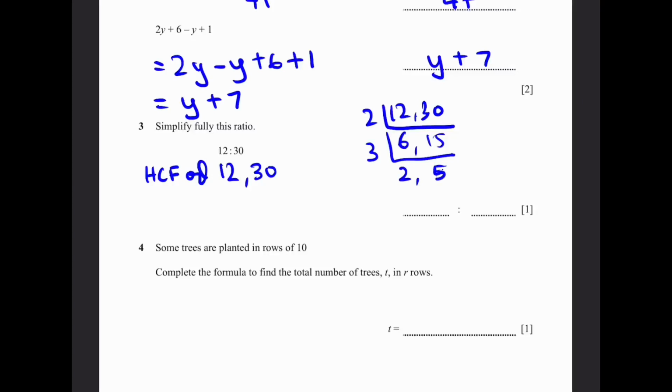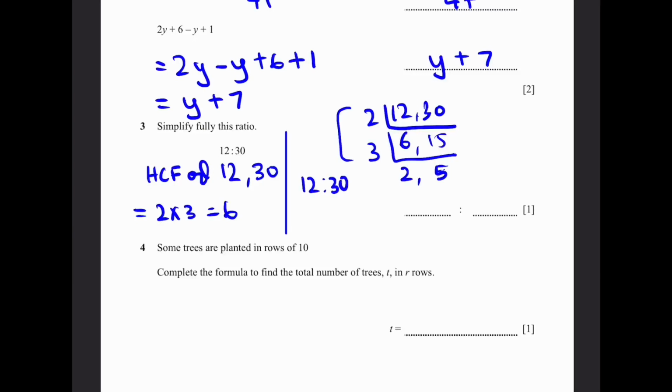So we need to multiply these two, which is 2 multiplied by 3, which is equal to 6. That's the HCF. So 12 is to 30 equals 12 by 6 is to 30 by 6, which is equal to 2 is to 5.